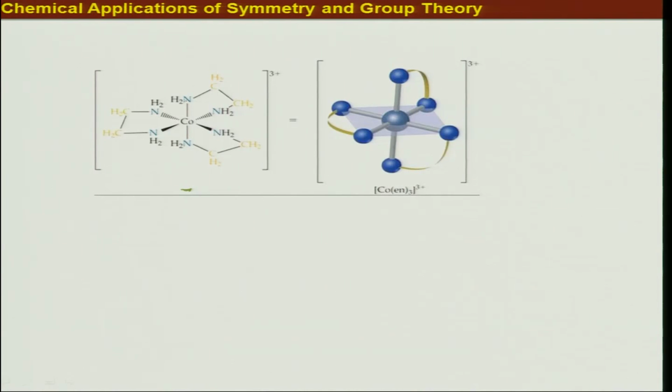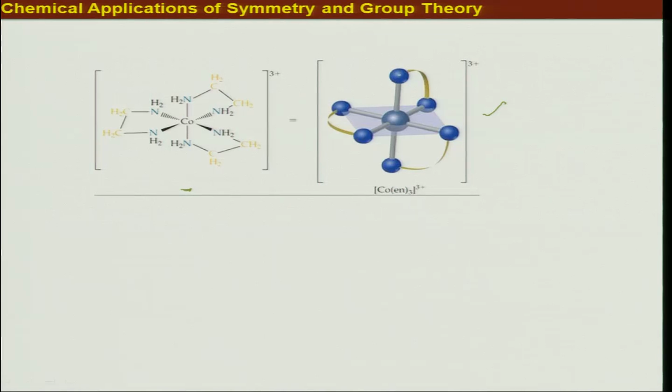Instead of drawing the amine and CH2 and again amine, you can think of it like a ribbon. That part is the same for all the en ligands, so you can treat it just as a ribbon, which is like an arch, exactly as shown in this figure.